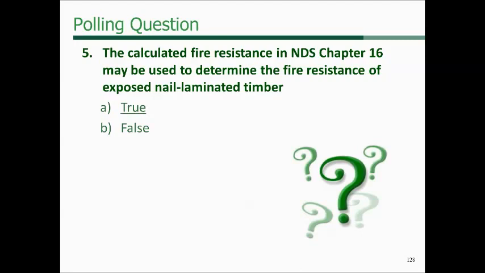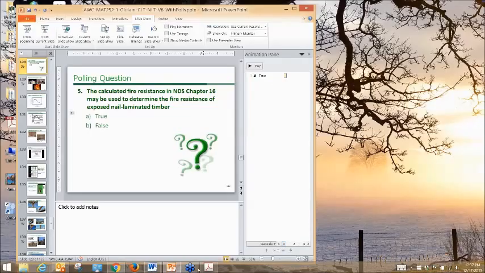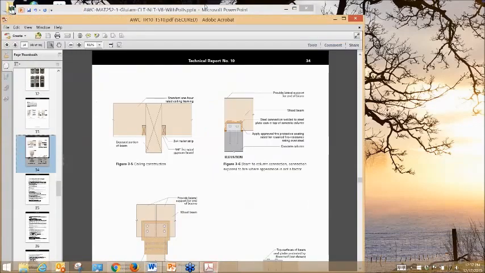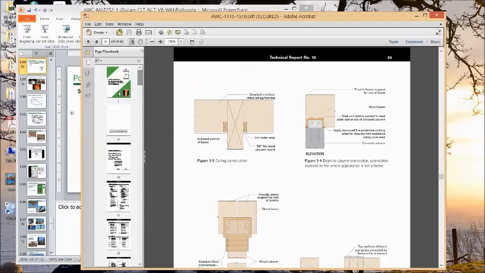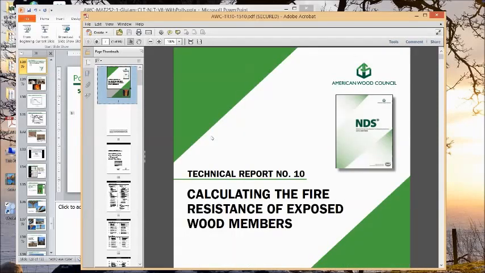And I want to show you one more thing related to this, and it has to do with our TR 10, which is our Technical Report 10, regarding finding out more information related to calculating the fire resistance of exposed wood members.